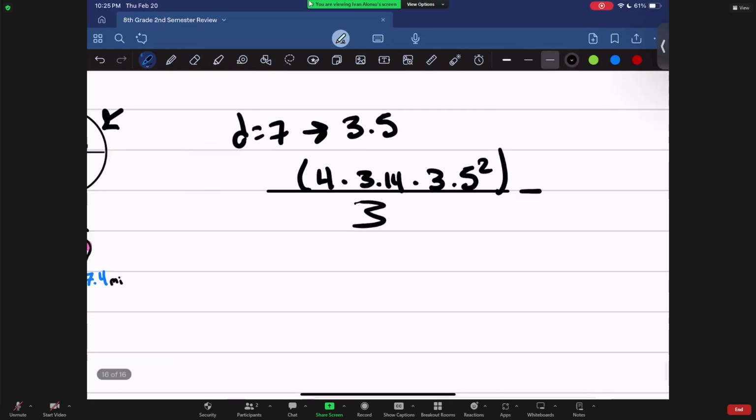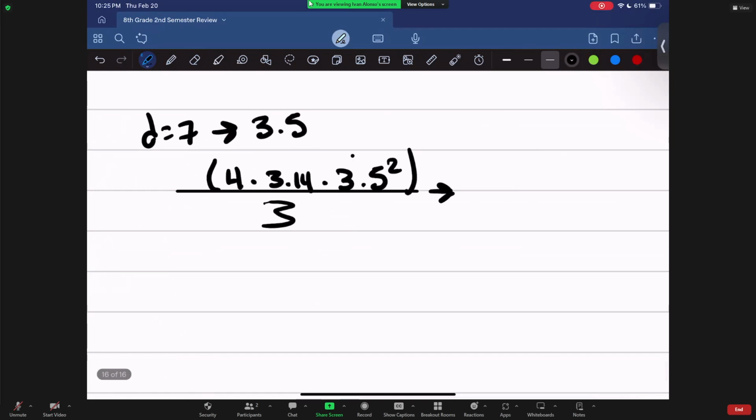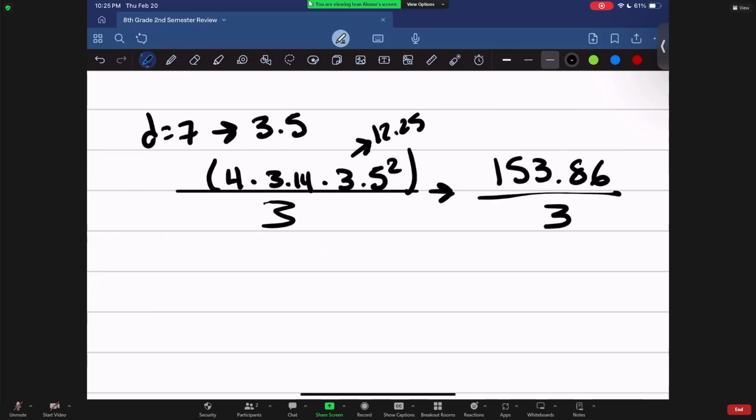Okay, so I believe this should become 42.875, and multiplying by 4 and 3.14 gives you 538.51. Okay, you divide that by 3. Obviously, you would set up the little house and all that if you didn't have a calculator.